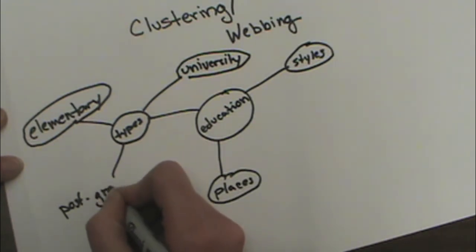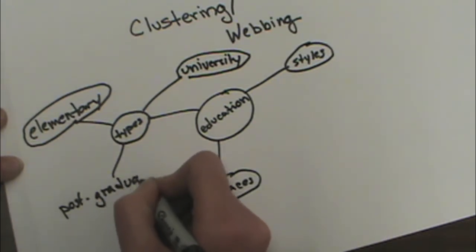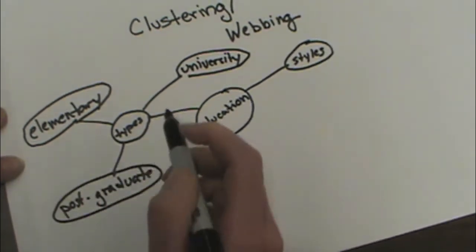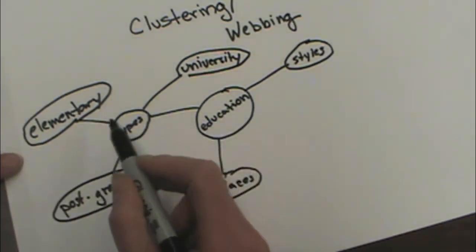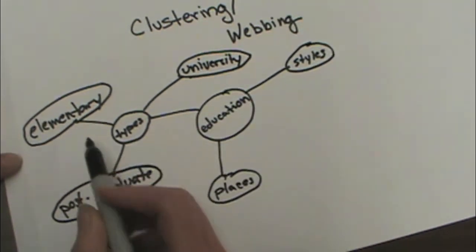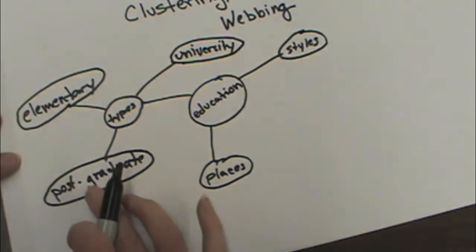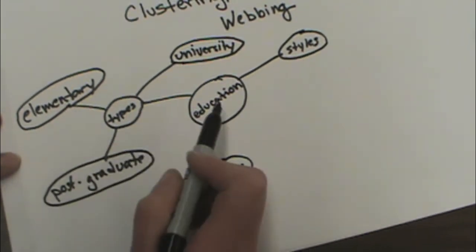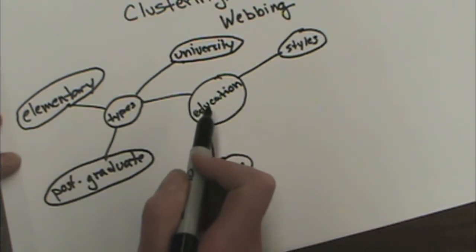Now these are just the examples that I have come up with, because as we know, pre-writing is a personal process. So if you try to do this yourself and you come up with 3 other topics, that's perfectly fine. So now I've got 3 smaller topics related to this topic, which is types, which is still related to our main topic of education.